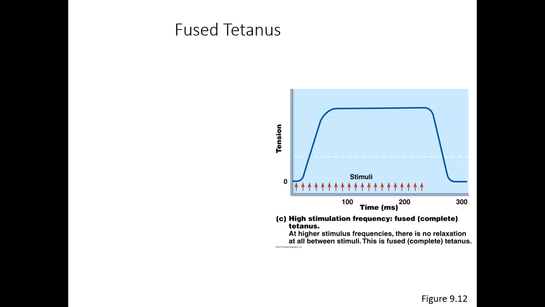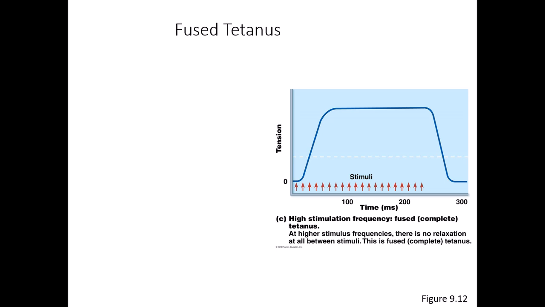Unfused tetanus can lead to fused tetanus. So when you look at this myogram, right, we have time in milliseconds on the x-axis and tension on the y-axis. We have our 0 time, and then every red arrow indicates a stimulus. So here the stimuli are coming very, very rapidly.